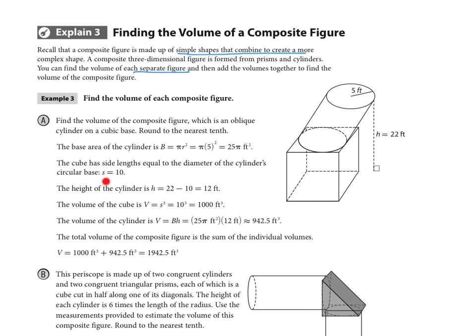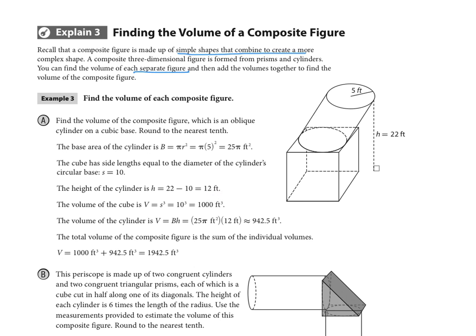So S is 10. The height of the cylinder is, if this whole thing is 22, and we've already used 10 for the height of the cube, then 22 minus 10, or 12 feet.